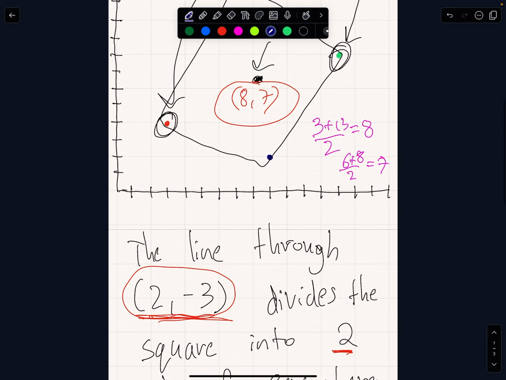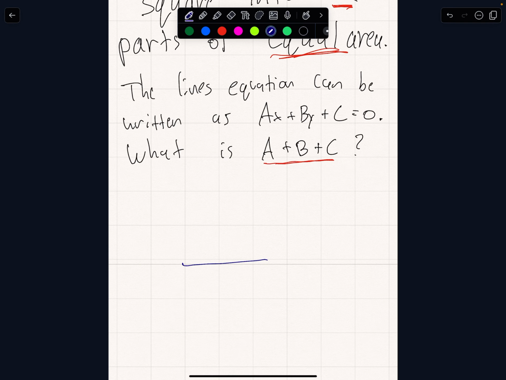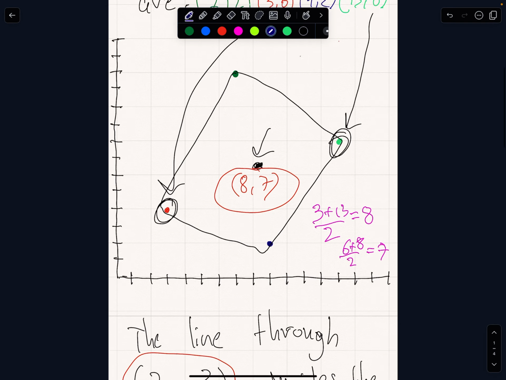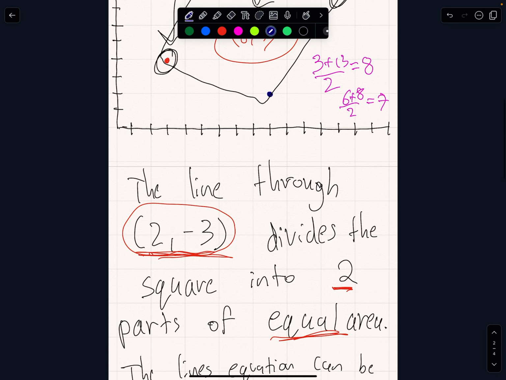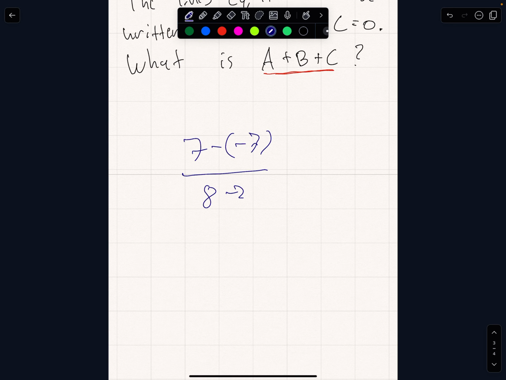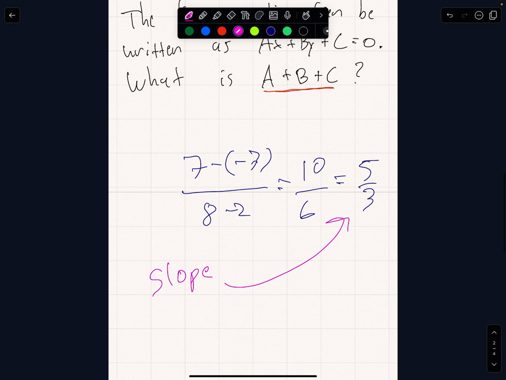And if we know 2 points that the line passes through, we can then figure out its slope. So let's do 7 minus -3, and then 8 minus 2 to get 10 over 6, or 5 over 3. This is the slope of our desired line.